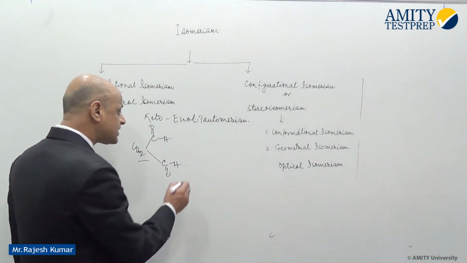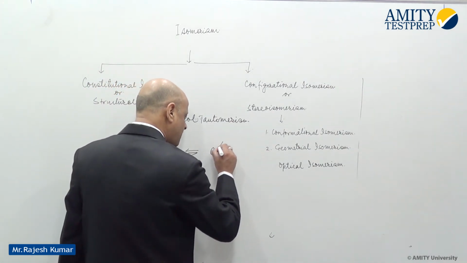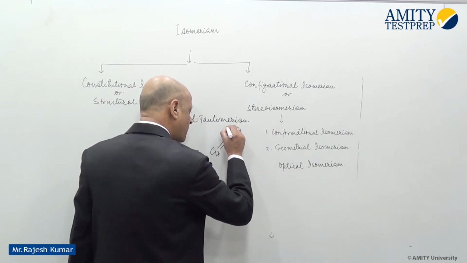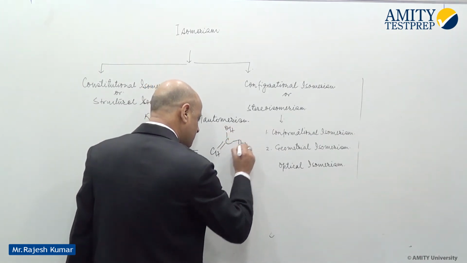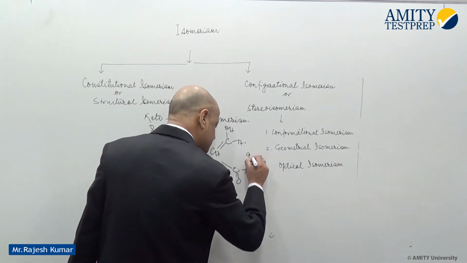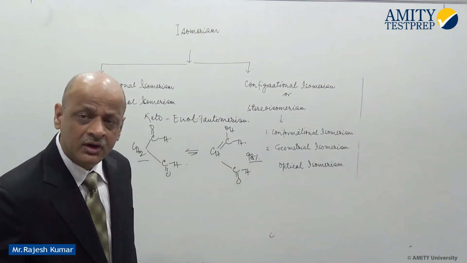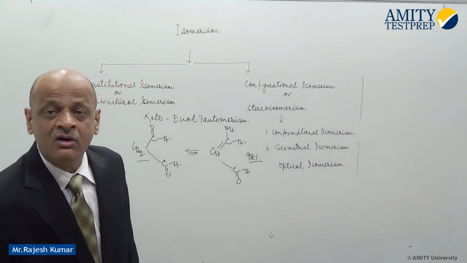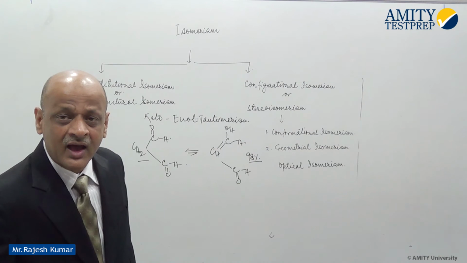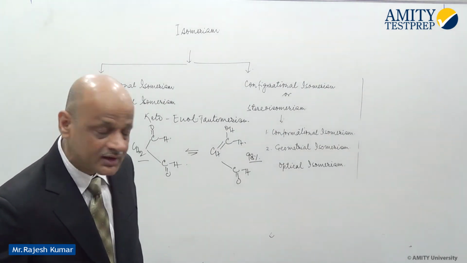That's why this type of molecule always exists in enol form around 98%. As the activity of methylene group decreases, the enol content decreases. Means as the acidic nature of hydrogen decreases, enol content is going to decrease.